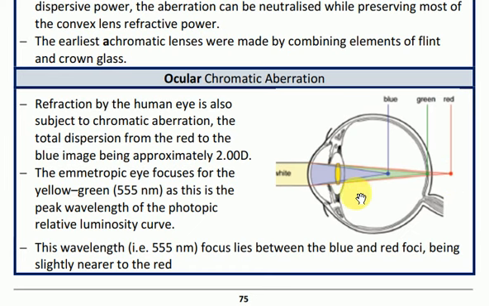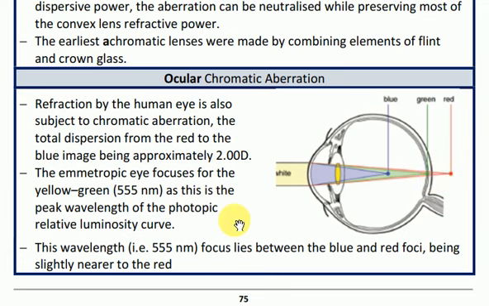So the emmetropic eye focuses the yellow-green 555 nanometer, because this is the peak wavelength of the photopic relative luminous curve. The 555 focus lies between the blue and red foci, being slightly nearer the red.